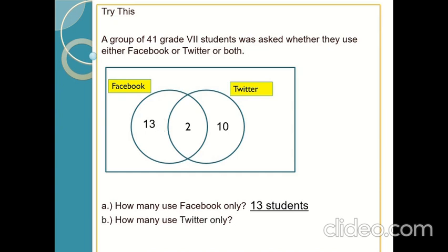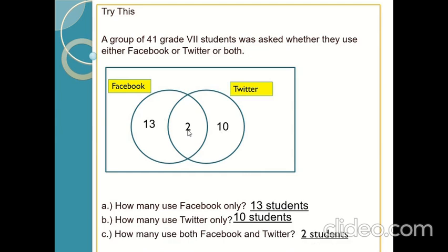How many use Twitter only? Correct. 10 students. How many use both Facebook and Twitter? Both Facebook and Twitter. Yes, it is 2, the intersection.